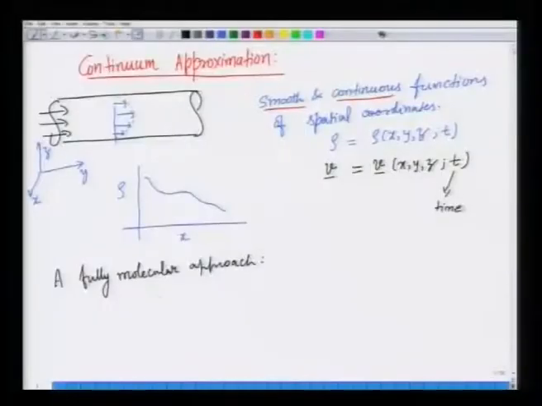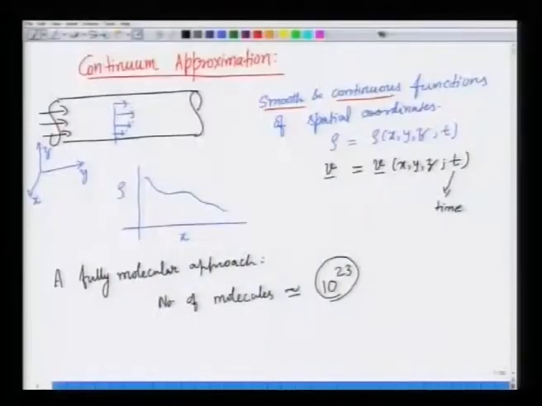Even if you consider any reasonable macroscopic volumes that are encountered in any practical application, you will have the number of molecules to be a very large number. It is of the order of Avogadro's number, 10 to the 23, in a very reasonable volume in any practical application. So, this is a huge number.